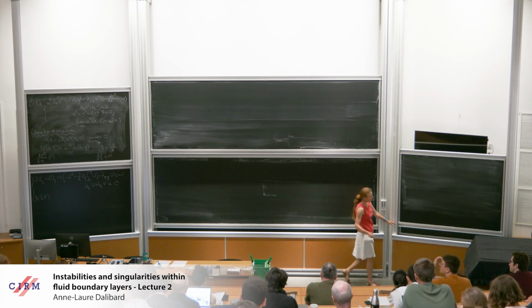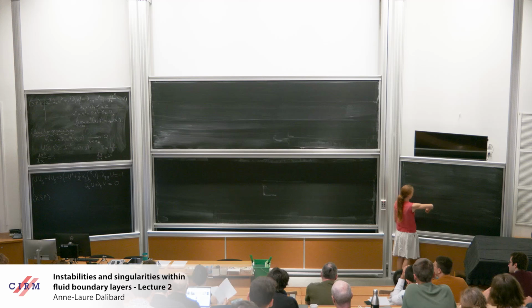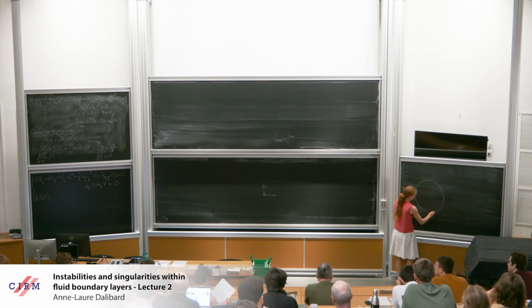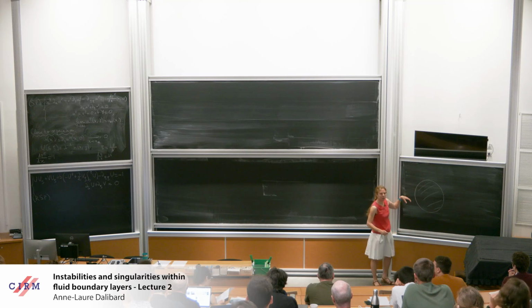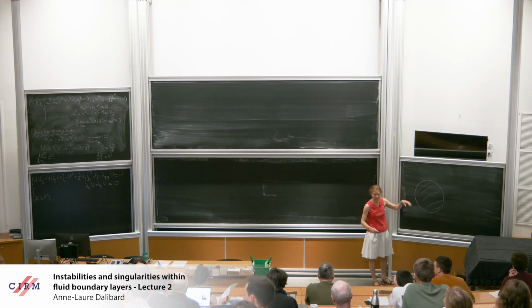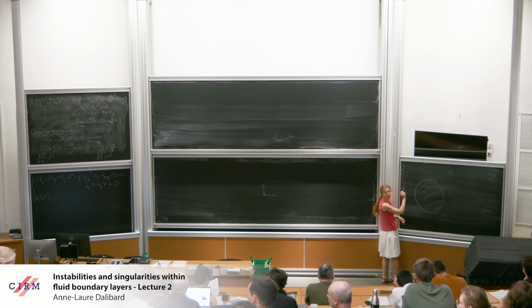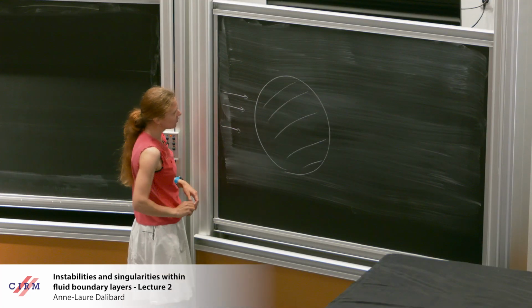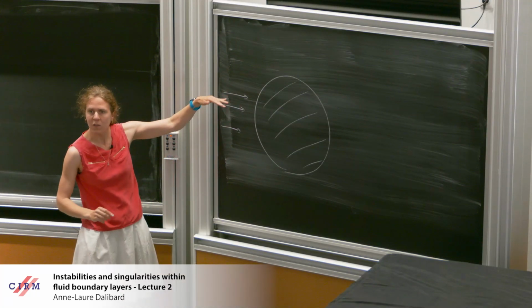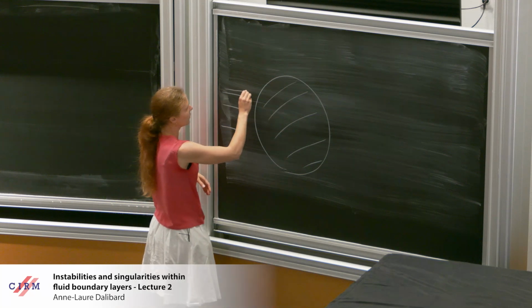So the kind of picture that you often see either in experiments or simulations for the Navier-Stokes flow is the following. Say that you are considering a flow around a cylinder like this, at high Reynolds number. So the flow is arriving here from the left. As the flow hits the cylinder, what you observe is that at first it remains attached.